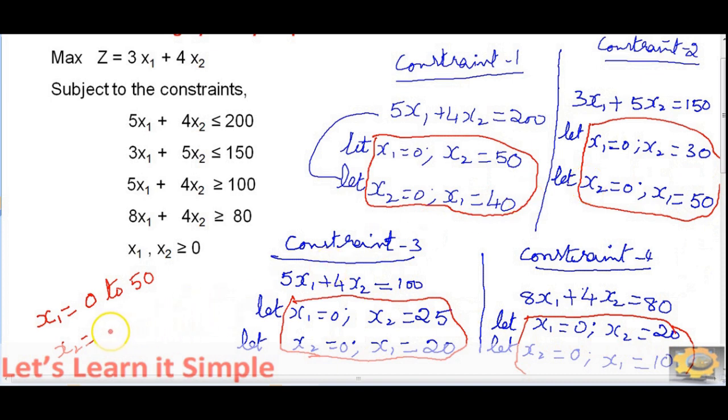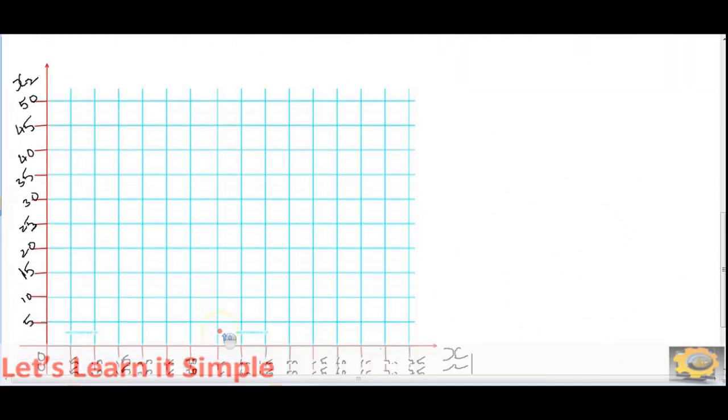So, like x1, x2 also ranges from 0 to 50. Therefore, we need to plot x1 and x2 in such a way that we can accommodate the range 0 to 50 for x1 and again 0 to 50 for x2. So, let us go to the plot.